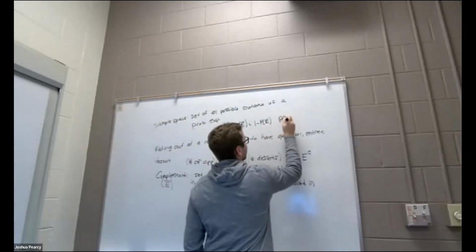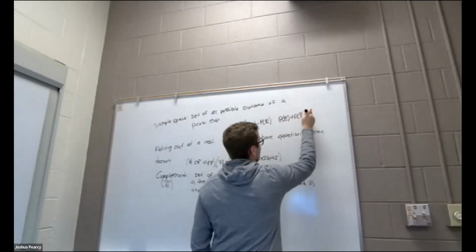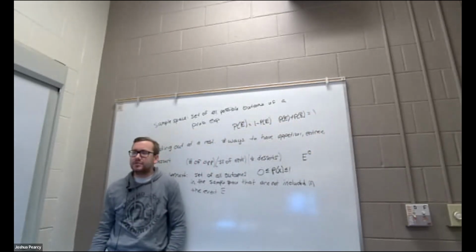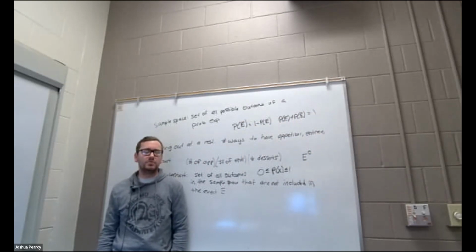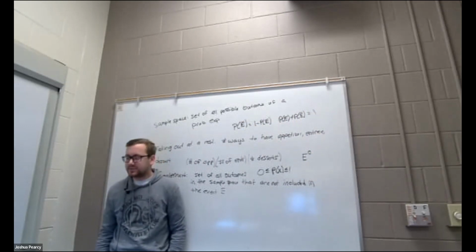And then the final thing, the probability of E plus the probability of E complement is 1. Either something is going to happen or it's not. And the probability of each of them added together should give you 1. Everyone okay with that? Okay.